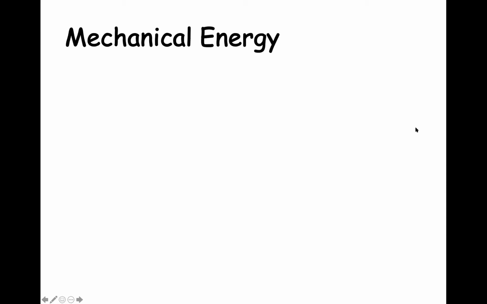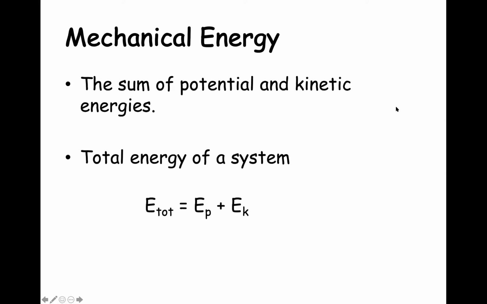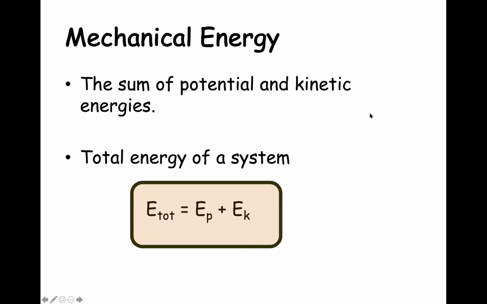Mechanical energy, I kind of alluded to this on the last slide. Mechanical energy is the sum of potential and kinetic energies. So we'll just add those together, and this will tell us the total energy of a system. This is an important slide. This will help you solve some of the practice problems on our assignment.